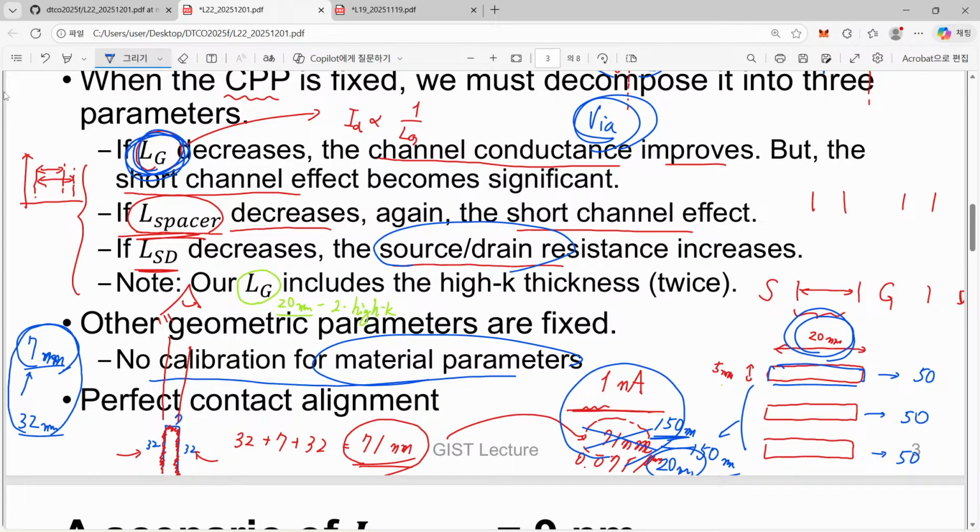So now you can expect that if we really use this 20 nanometer for the normalizing constant, then we can generate a much higher value for our normalized current. So is it a fair comparison between FinFET and nanosheet MOSFET?